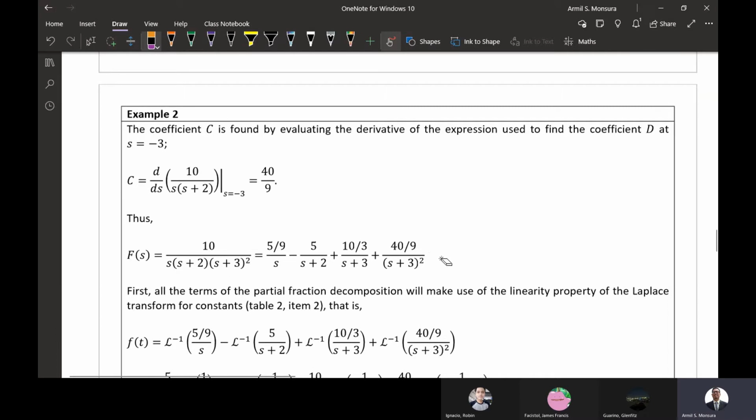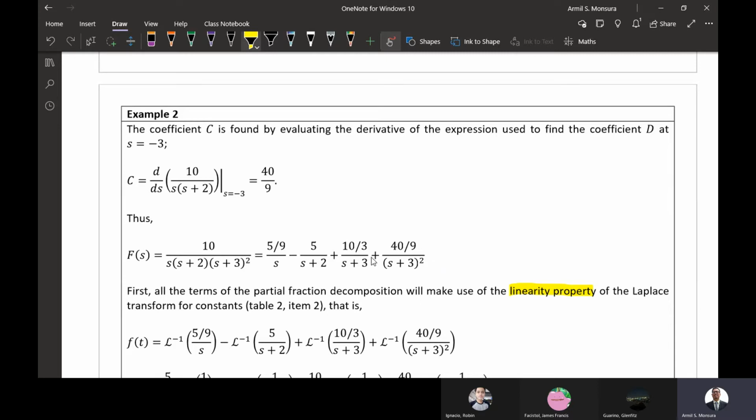Okay. Ngayon, for us to be able to get yung inverse nito, we have first to apply yung linearity. Dahil ito ay sum ng mga F of S, ng mga Laplace transforms, then yung original function na pinanggalingan niyan is also sums of different functions.